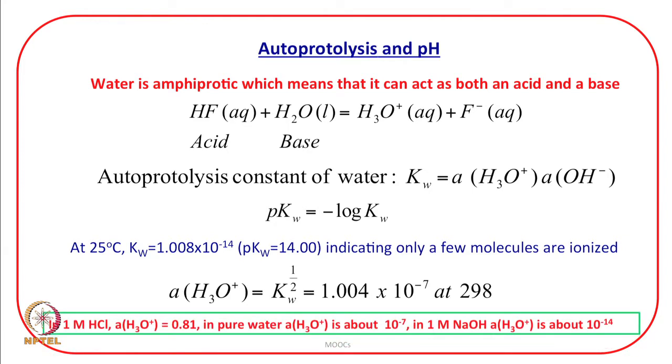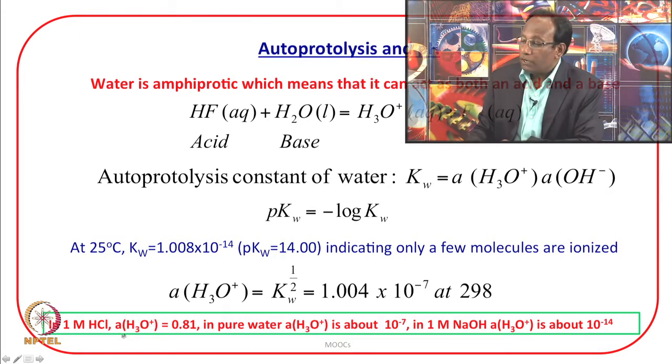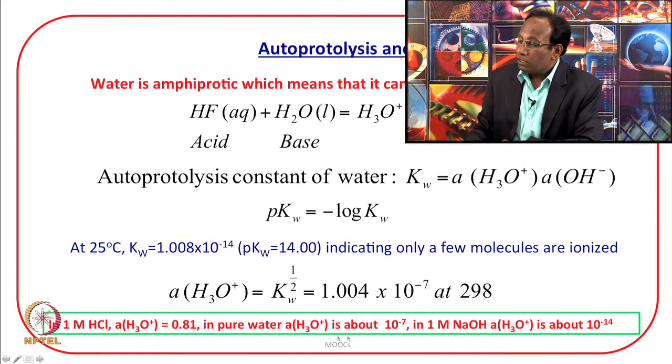If we note down the activities of hydronium ion in 1 molar HCl, it is 0.81, and pure water it is 10 to the power minus 7, we just discussed, and in 1 molar activity of hydronium ion is about 10 to the power minus 14.